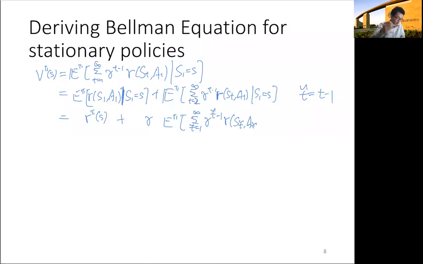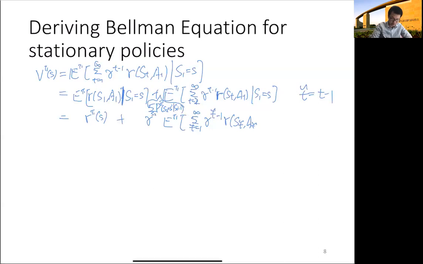I think I've missed the summation. I need to sum over the transition probability under pi into S2 equals S prime, given S1 equals S. So I need to sum over S2 here and put this here.